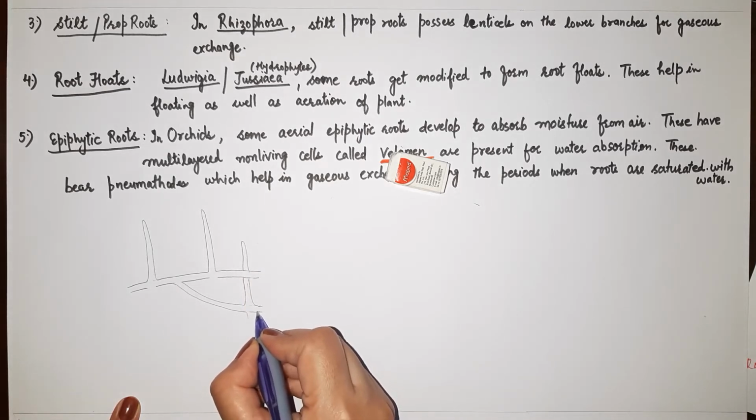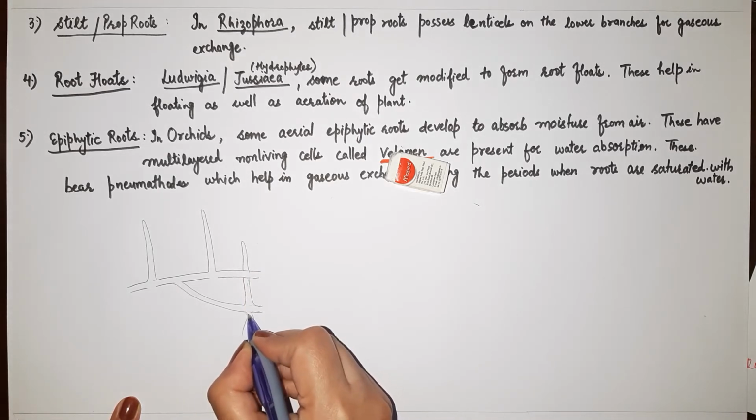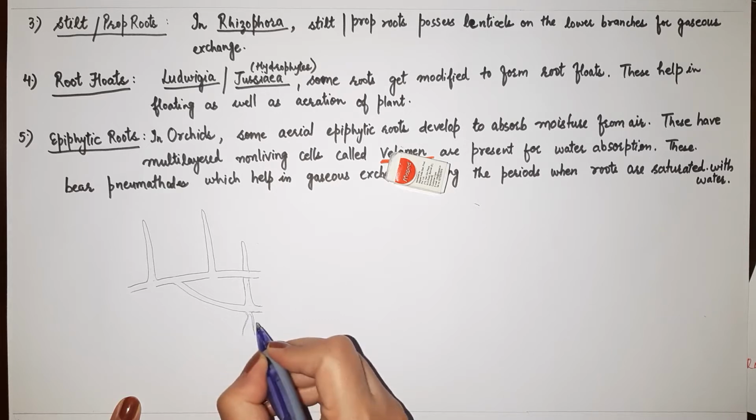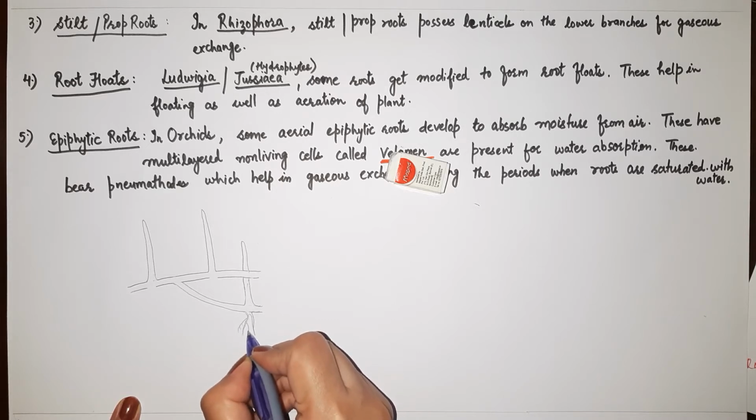So towards the lower side you will show normal adventitious roots, 2-3 branches.